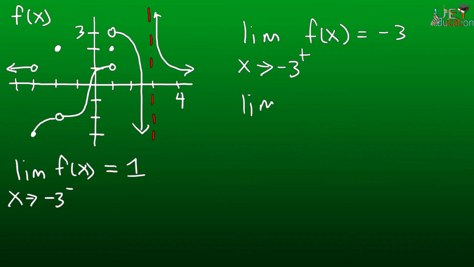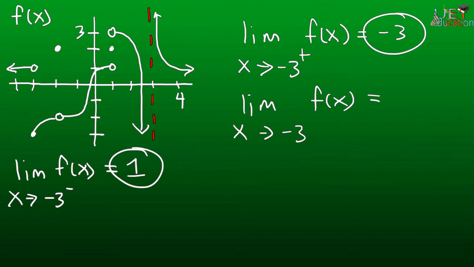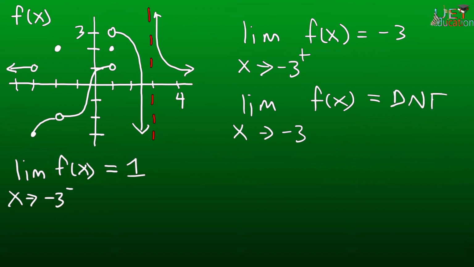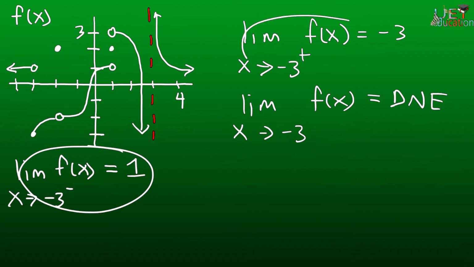Now what about the limit as x approaches negative 3 from either side? If the left-sided limit and the right-sided limit are not the same, then the limit does not exist. So these two are known as one-sided limits.